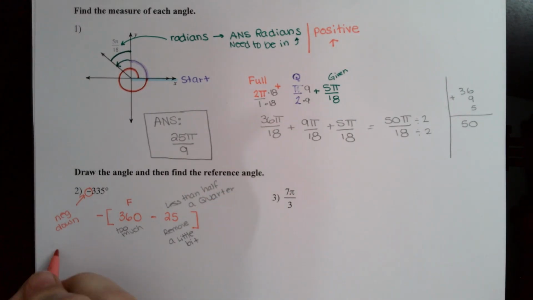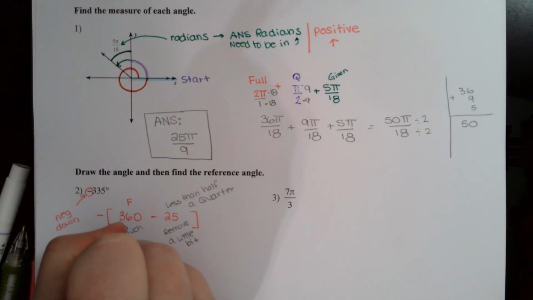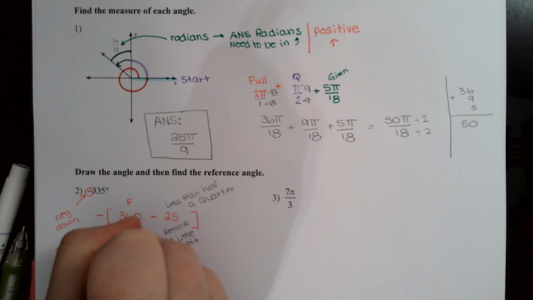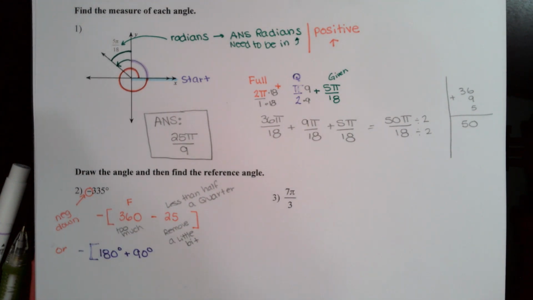You could have also done it by quarters if you want. So you can go by like 90. You can also say I have 180 in here. You can go 270 if you want, plus a 90 in here, which is our 270, if we're thinking we're past quadrant 3.